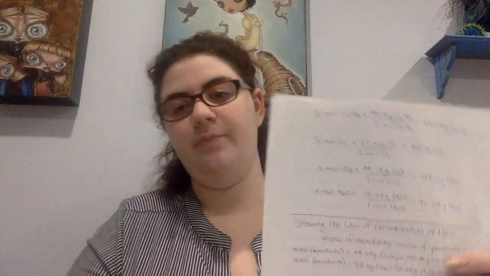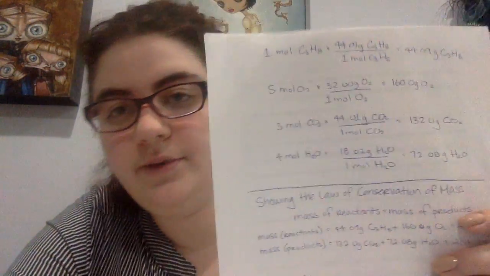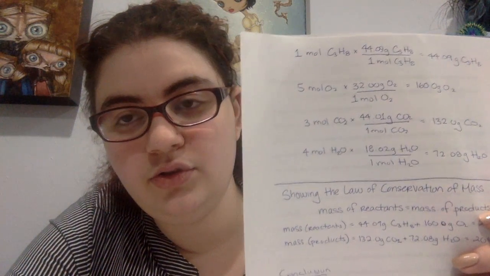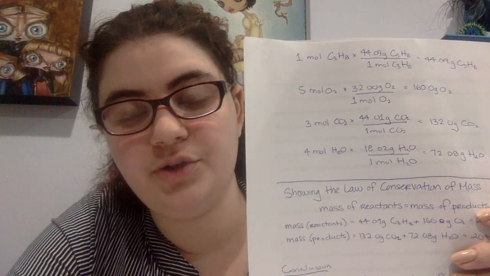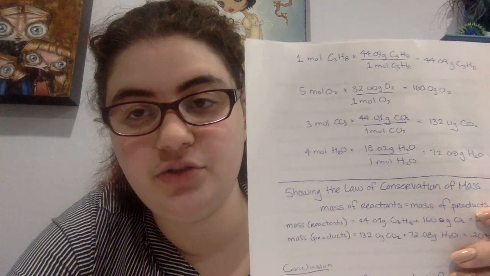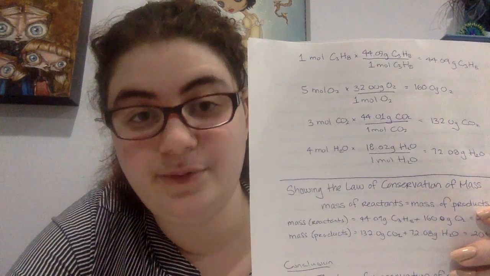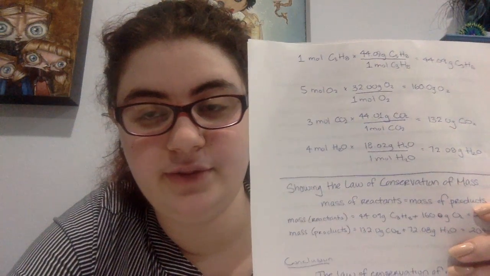We are going to continue doing the exact same thing for the rest of them. As we can see here, we have 2 oxygens, so the molar mass of oxygen is 32 times 5 moles, which is 160 grams of oxygen.